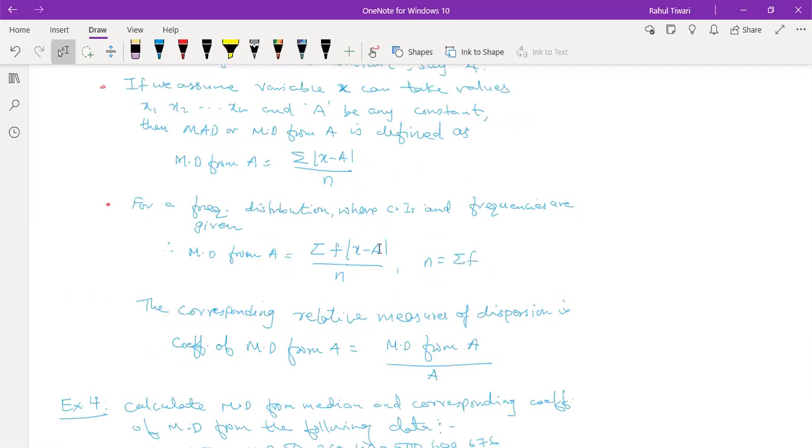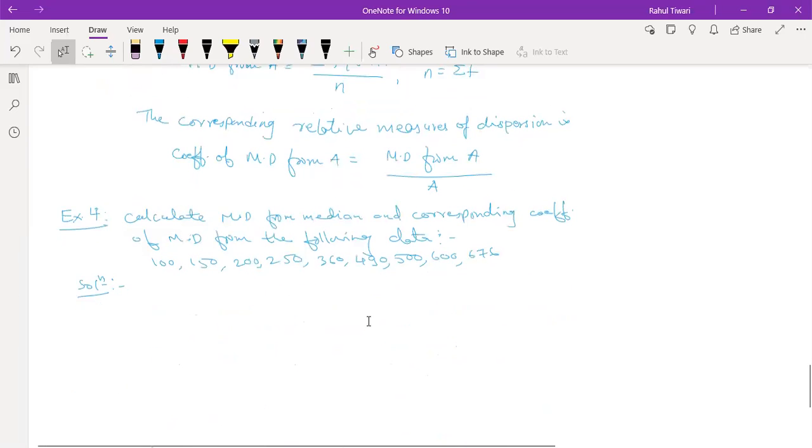So that's why in general I have given the formula for MD from A, where A is any arbitrary constant. I will show you this in the note part, as a drawback or limitation.